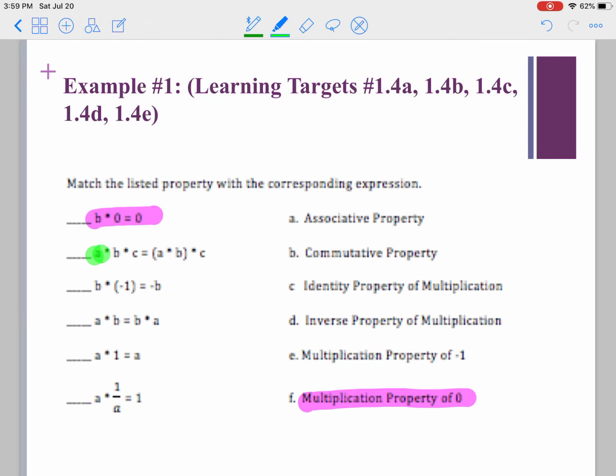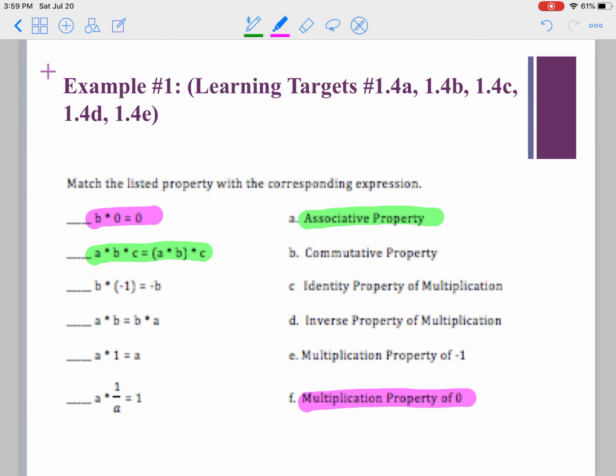Looking at the next equation, we have a times b times c is equal to a times b in parentheses times c. At this point we should be very familiar with this property because it's dealing with grouping. When we're dealing with grouping, we know that we are working with what is being associated with. Again, think about our friend analogy from both the associative property of multiplication and the associative property of addition.